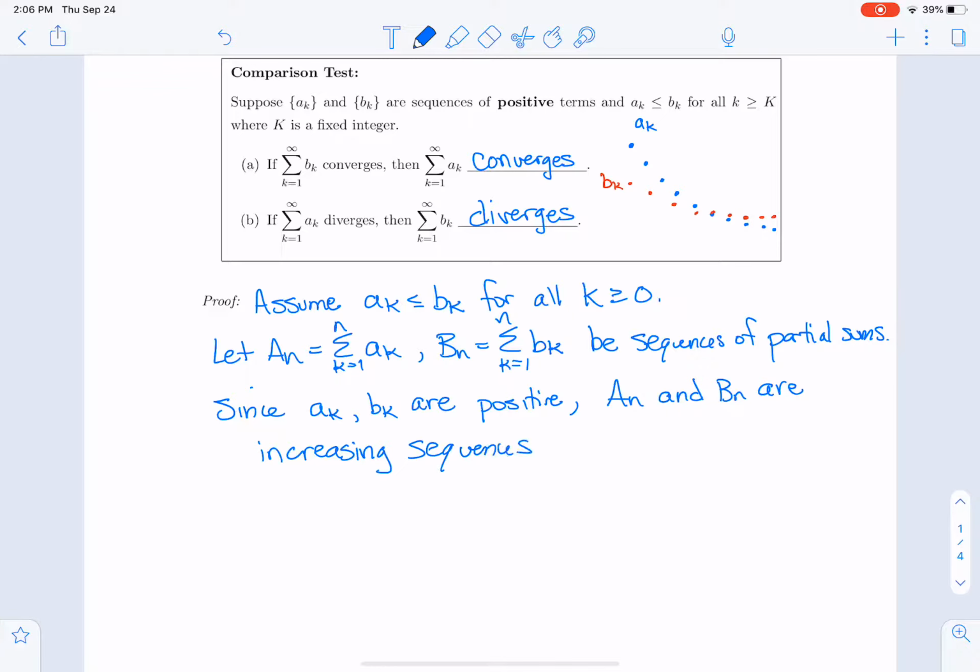So here what we're seeing is that because the terms are positive and A sub n and B sub n are sequences of partial sums, each term for A sub n or B sub n is going to be greater than the term before it. So these sequences are strictly increasing. They are monotonic. And we can say that the sequence of partial sums A sub n is less than or equal to the sequence of partial sums B sub n for all n.